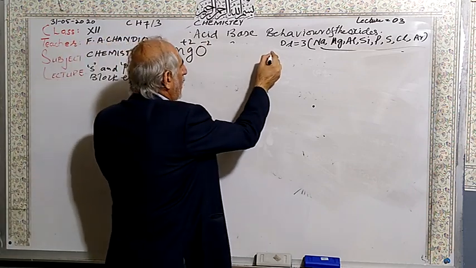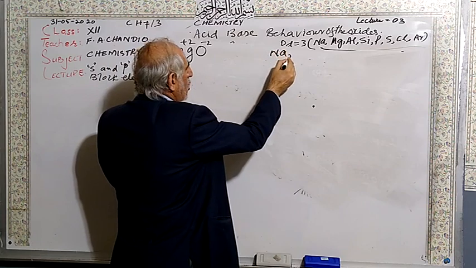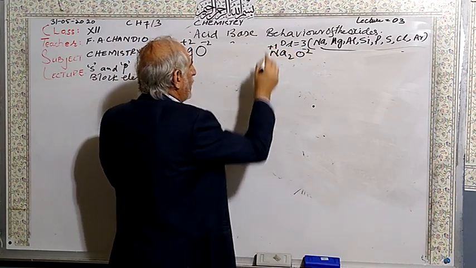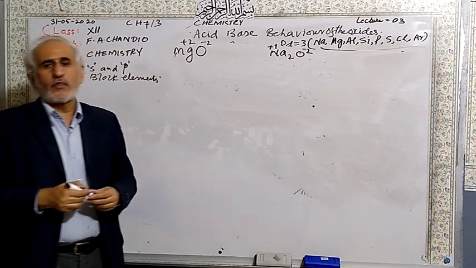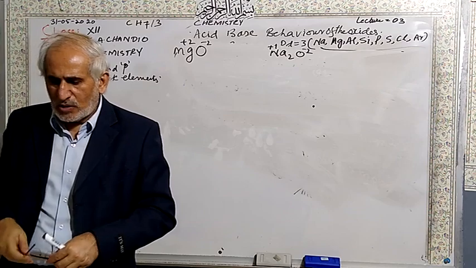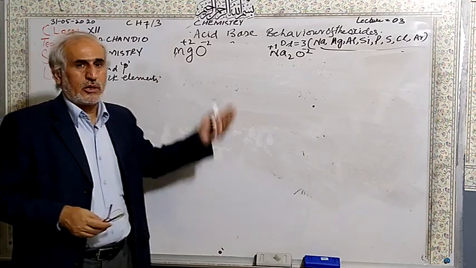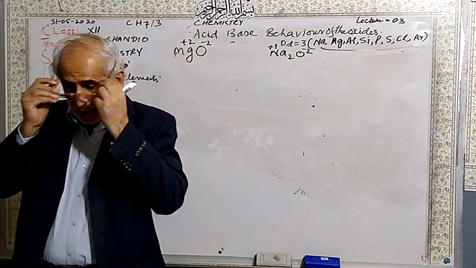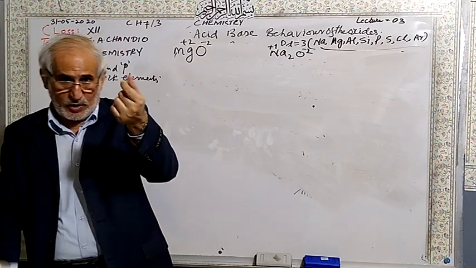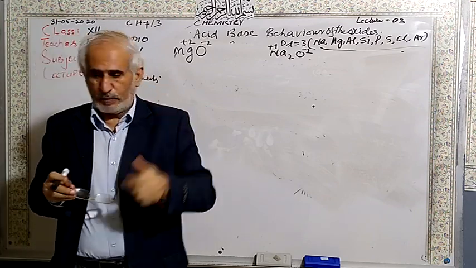But in the case of sodium oxide, there is a negative 2 and a positive 1. This is the difference. Magnesium oxide is a simple basic oxide, not very strong. Magnesium oxide is a white powder.